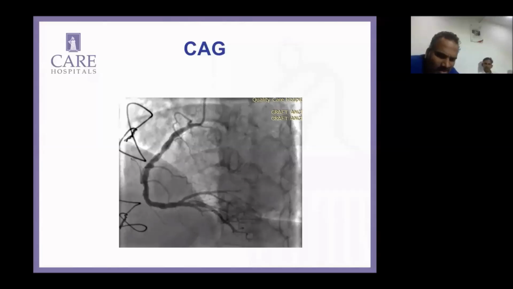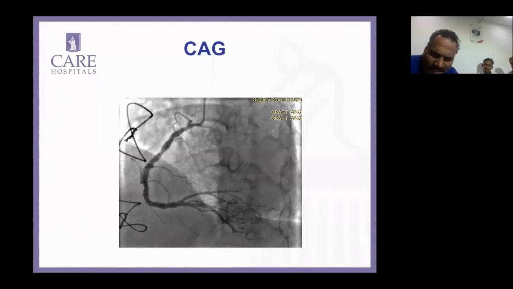RCA looks fine. In this image, there is only a mild lesion, maybe around 40 to 50% proximally. We don't know about the pressure data because there is damping, all that stuff we don't know. And the vessel looks ectatic in between. So it looks around a 40 to 50% lesion.